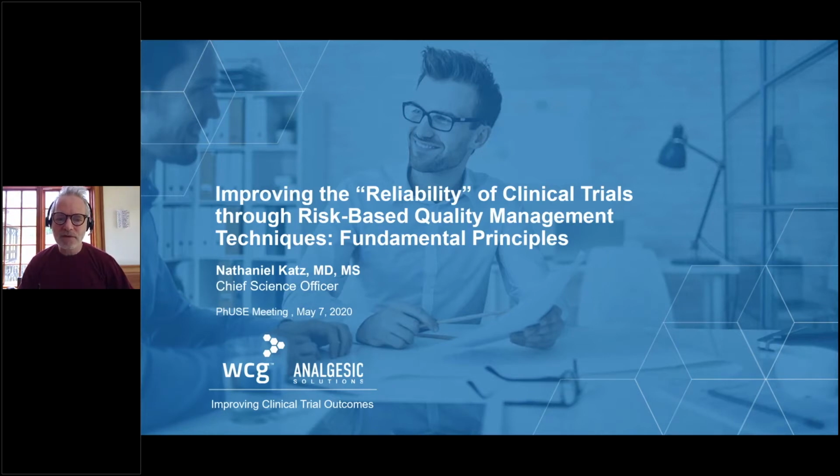It's actually mentioned 11 times in the ICH E6R2 document, and it's also mentioned in the academic literature on risk-based monitoring, which is of course quite limited, but it's still there.